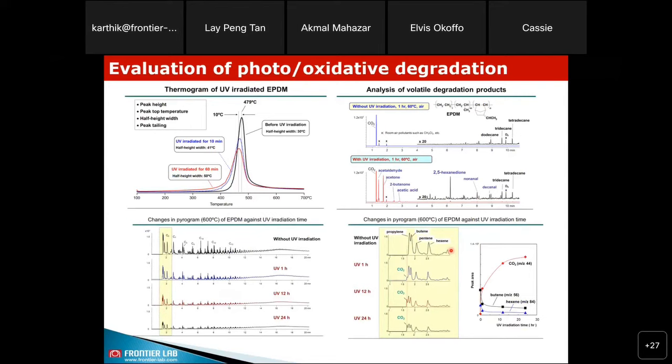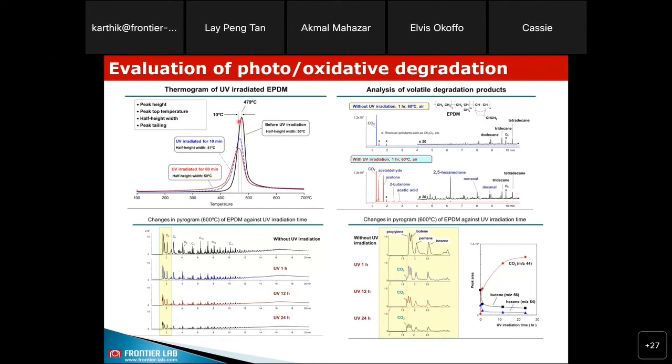You get three types of information from this photo-oxidation degradation investigation. One is the EGA. The evolved gas analysis tells you the pattern of the peak. You have compared three: one without any UV light exposure, another with UV light for 10 minutes, and another with UV light for 60 minutes.